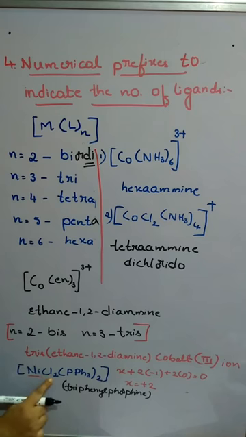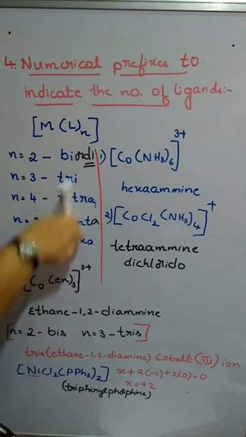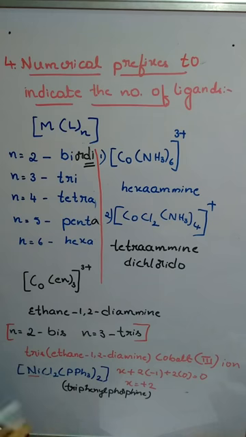How many chloride ions are there? We have 2 Cl- ions, so this 2 we write as di: dichlorido.